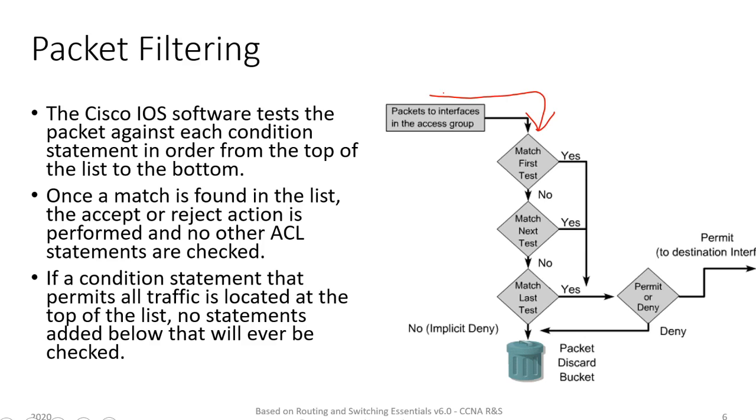Then if it is a match, we will check whether it is a permit or deny. If it is a permit, we will allow it accordingly, and if it is a deny, we will discard the packet.